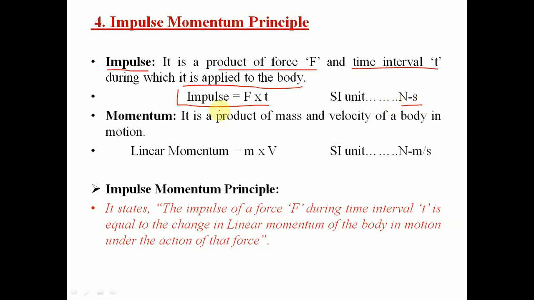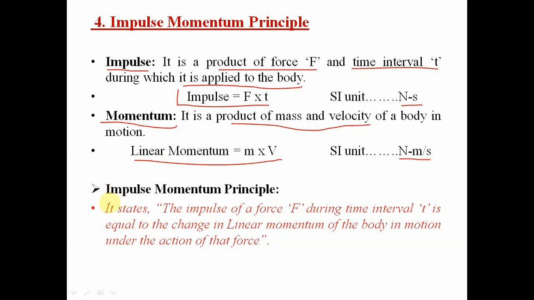The next is momentum. Momentum is the product of mass and velocity of a body in motion. So linear momentum is mass into velocity, and the SI unit for this is Newton meter per second.